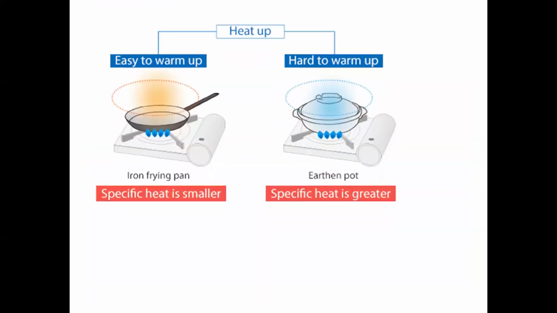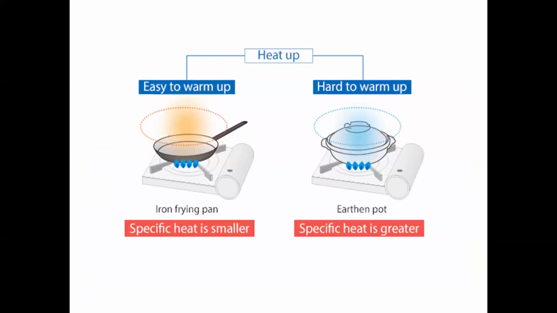Next, I want to show a picture by which you can understand for what purpose the specific heat concept is used in our day-to-day life. Here you can see one pan and one pot: an iron frying pan and an earthen pot. In the first case, the water will warm up easily because the specific heat is smaller.